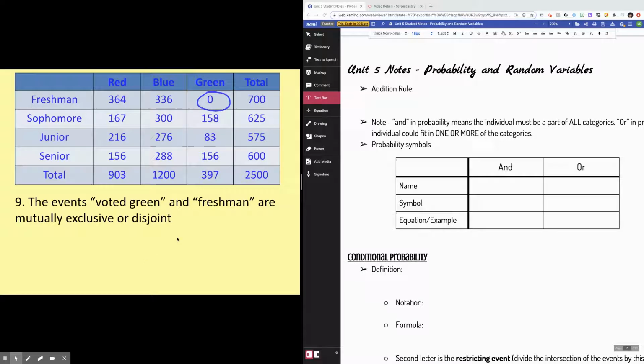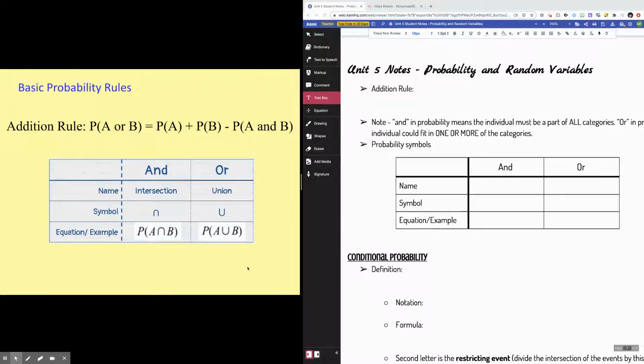All of that together comes to one of the most important foundational rules in probability, which is called the addition rule. The addition rule gives us a relationship between or probabilities and and probabilities, so unions and intersections.